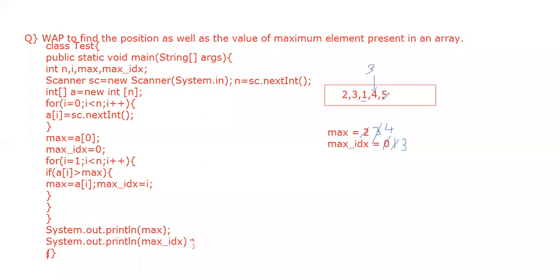Then again we will proceed and see that 5 is greater than 4. So since 5 is greater than 4, maximum value will be 5 and max idx will be how much? It will be 4. So finally, when this loop ends, your maximum value that will be printed is 5 and the maximum idx that will be printed is 4.